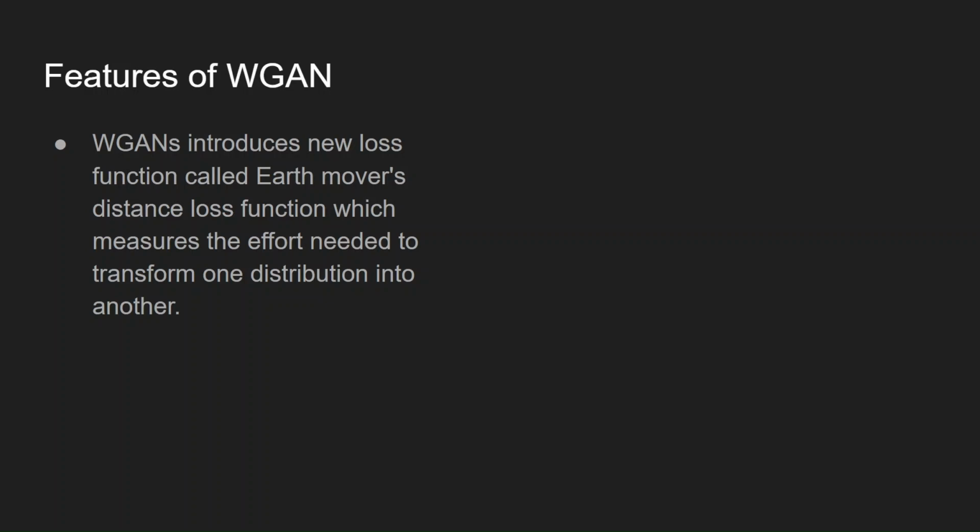Now you will be thinking, why do we need this earth mover's distance loss function when we have loss functions like KL divergence, which measures the distance between two probability distributions? The simple answer is that the earth mover's distance loss function is more robust and more powerful.